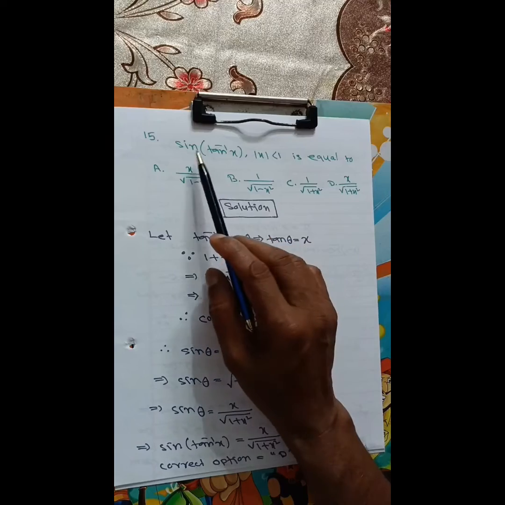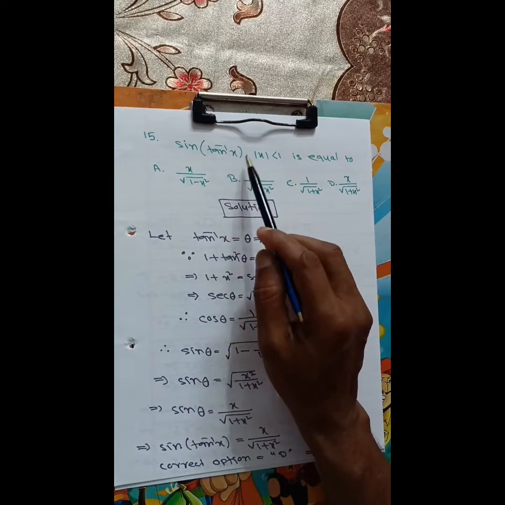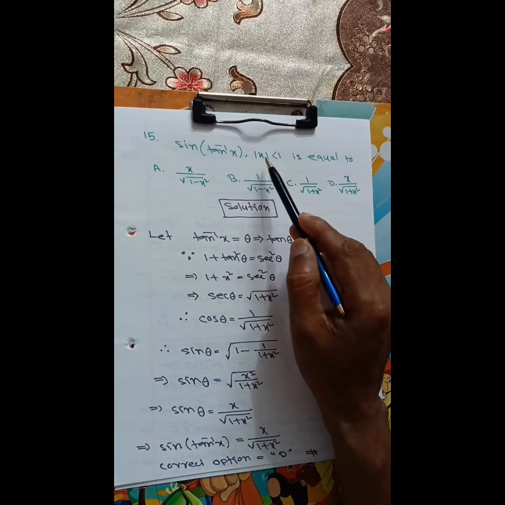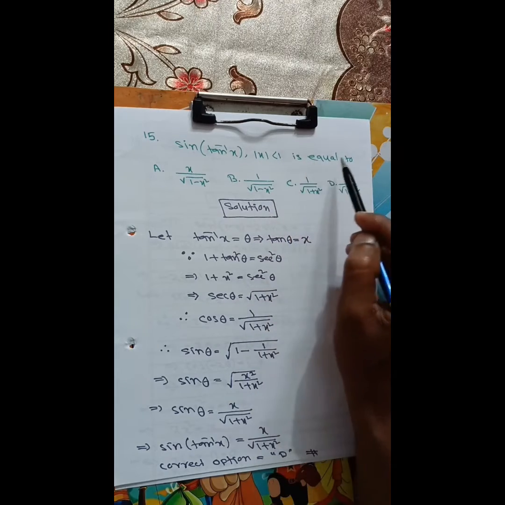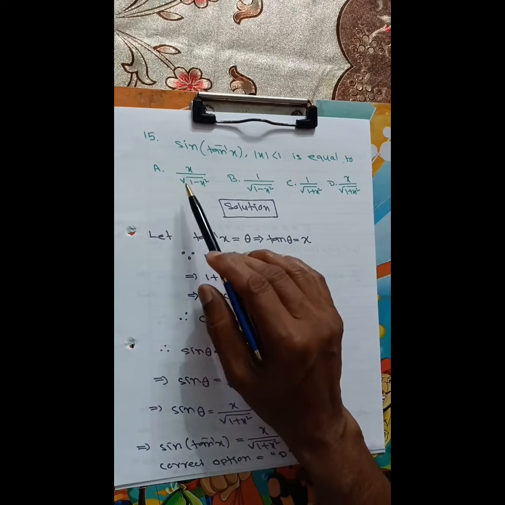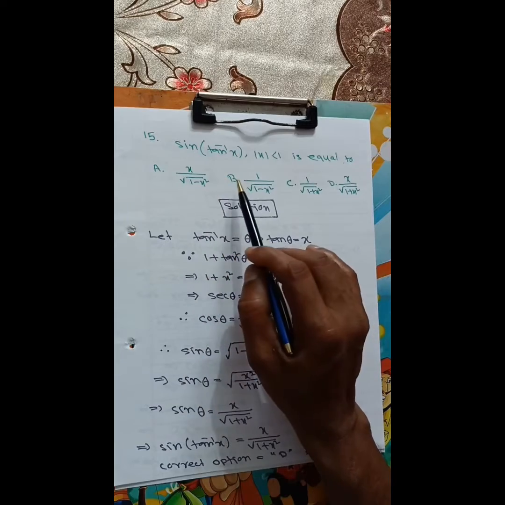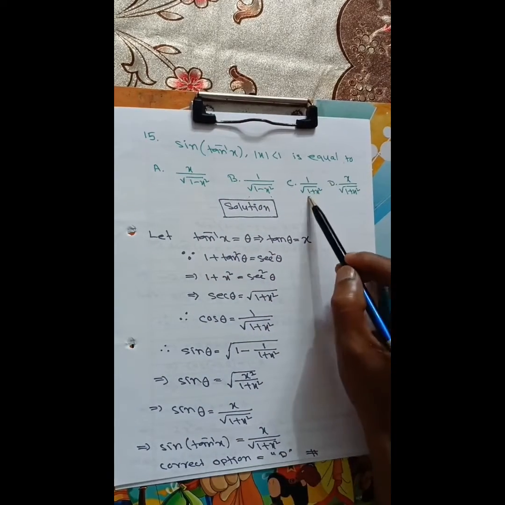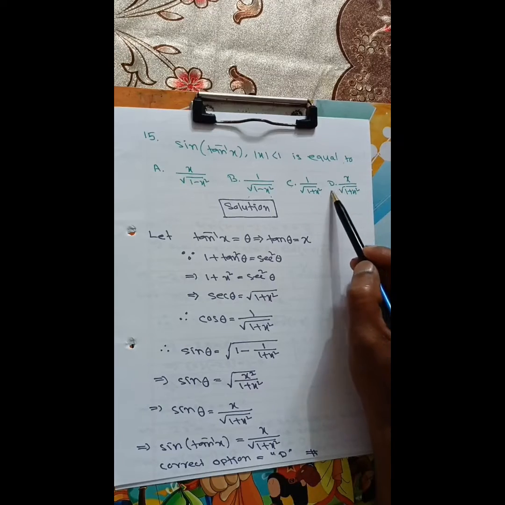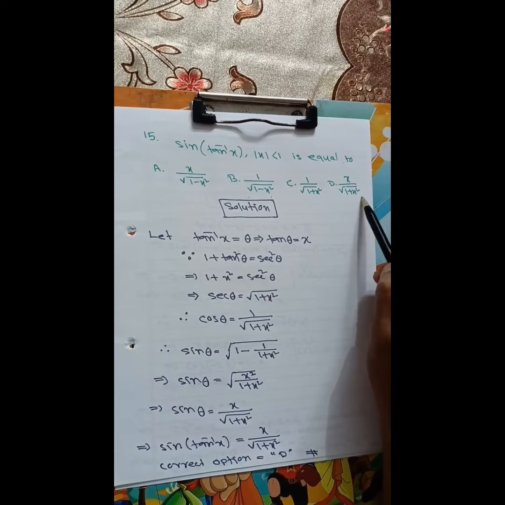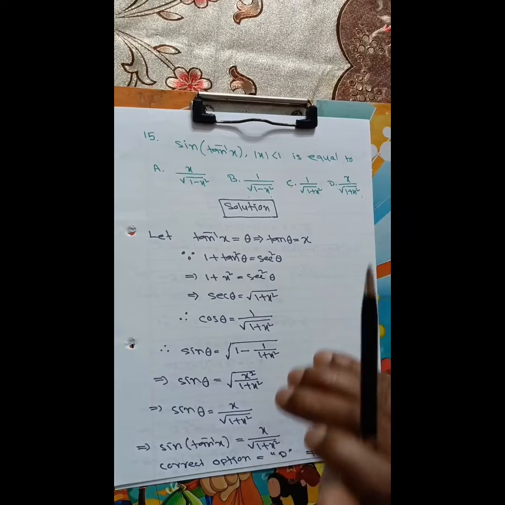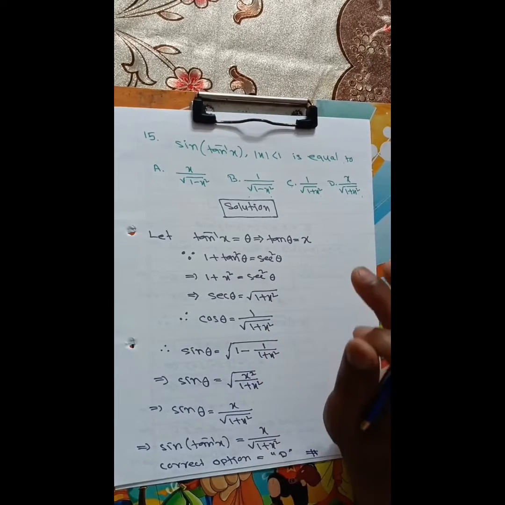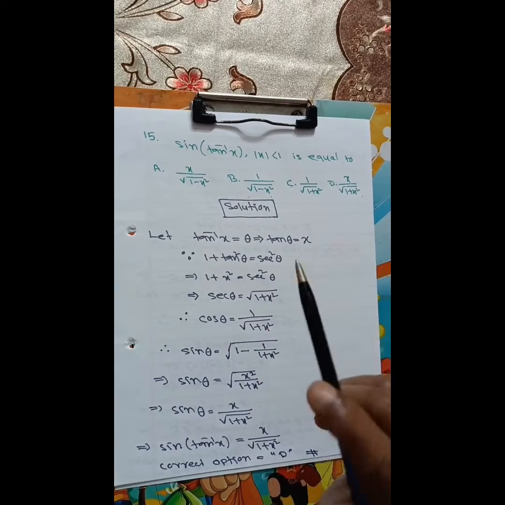Option A: x by root over 1 minus x square. Option B: 1 by root over 1 minus x square. Option C: 1 by root over 1 plus x square. Option D: x by root over 1 plus x square. Now we have to find which option is the correct solution.